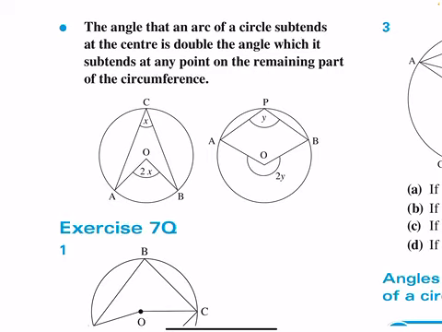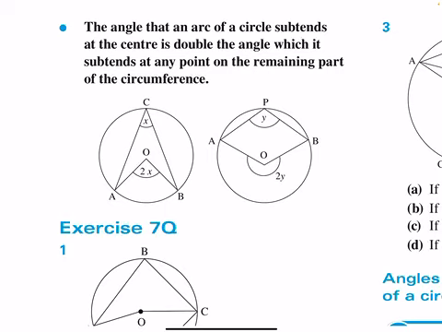We look at a different type of triangle. 2 points on the circle extend to the center, and then these 2 same points extend to another part of the circle.